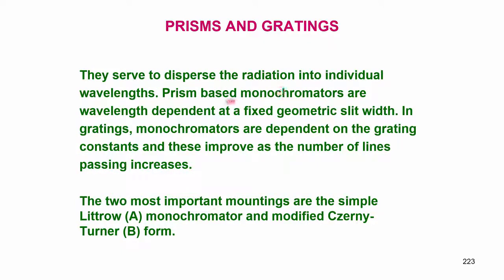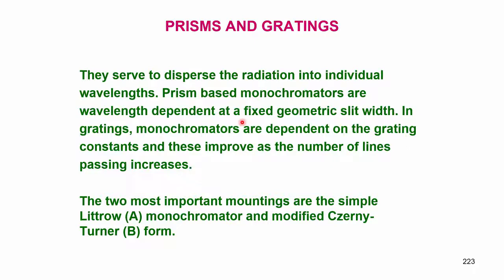So, I am only going to give you a glimpse of the prisms and gratings, how they serve to disperse the radiation into individual wavelengths. So, prism based monochromators are wavelength dependent at a fixed geometric slit width. In gratings, monochromators are dependent upon the grating constants, and these improve as the number of lines increases.